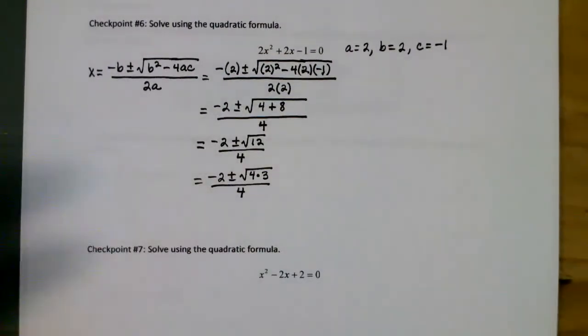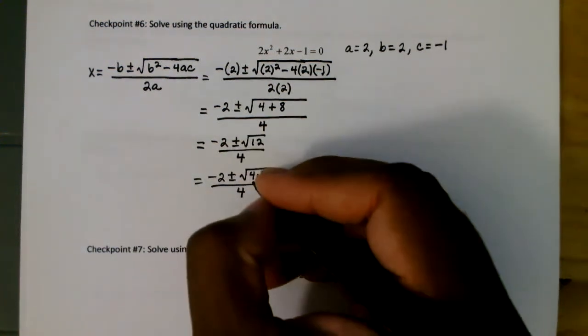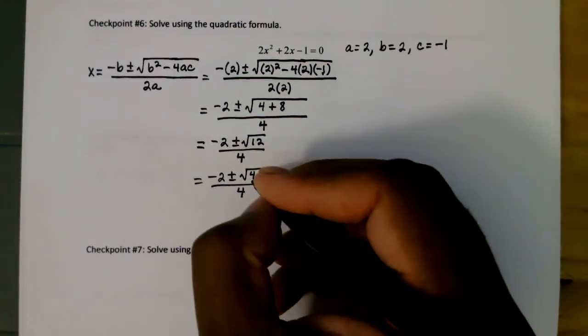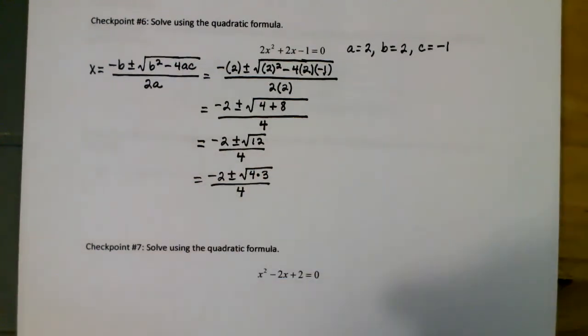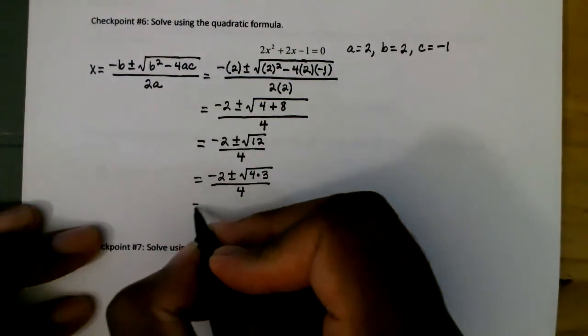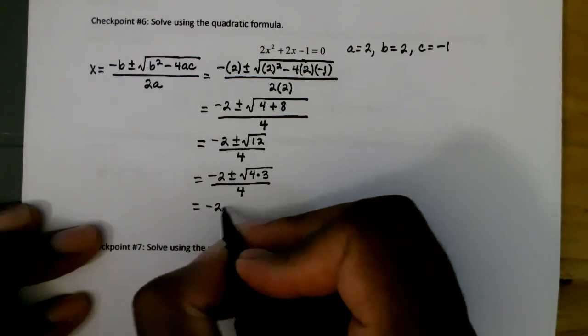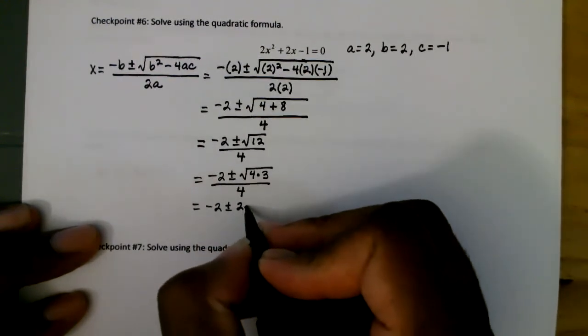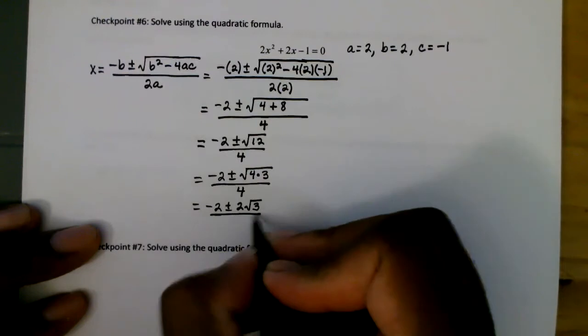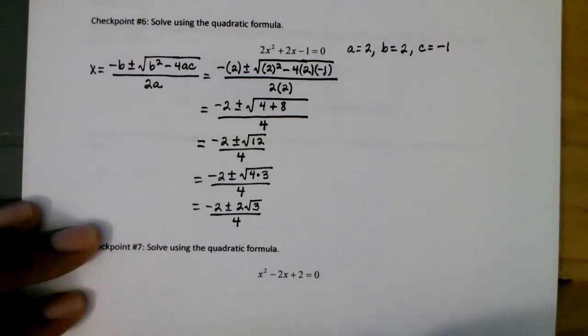So this is why I got negative 2 plus or minus the square root of 4 times 3 all over 4. And now I can take the square root of 4, which is 2. So I'm going to have negative 2 plus or minus 2 square root of 3 all over 4.